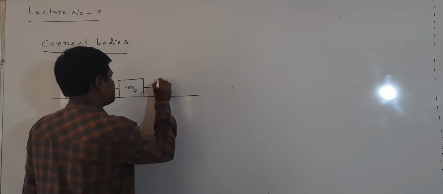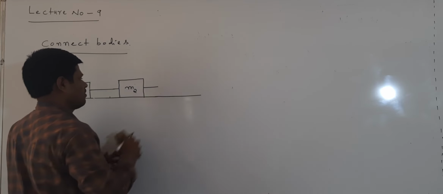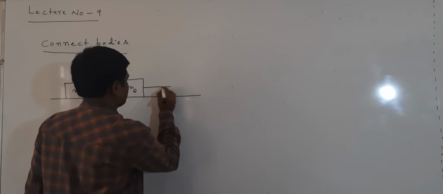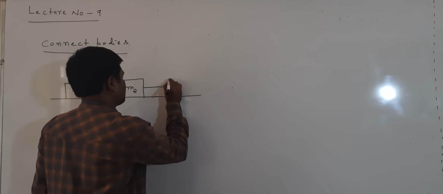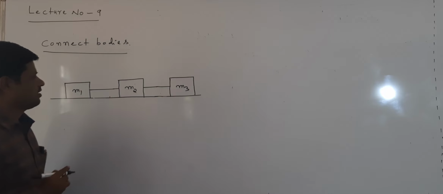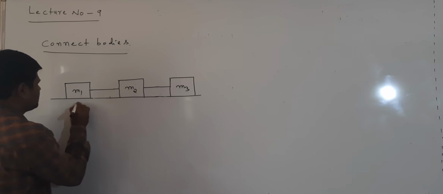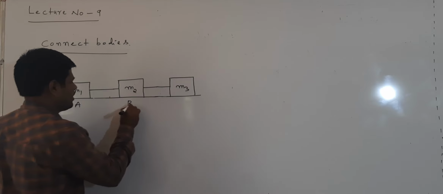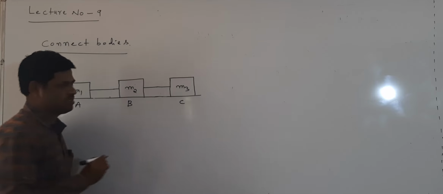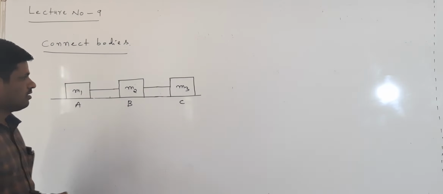Now another body I have taken here has the mass m3. So three bodies are taken here: A body having the mass m1, B body having the mass m2, and C body having the mass m3. Three bodies are connected with two strings here.